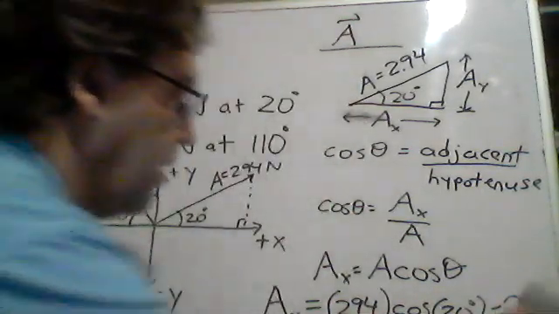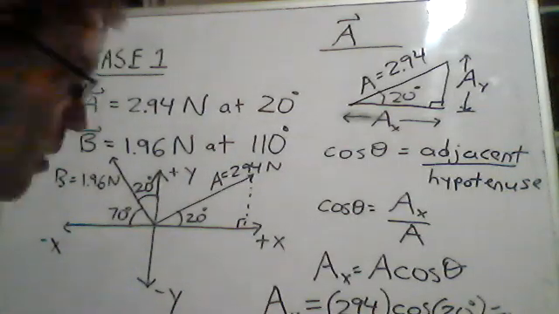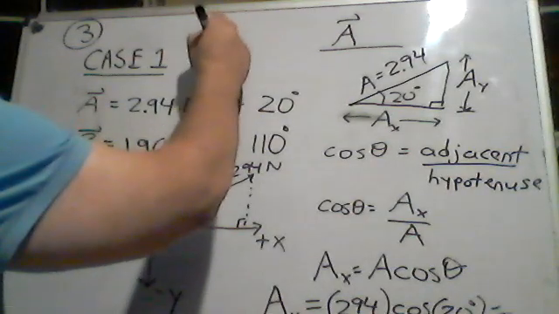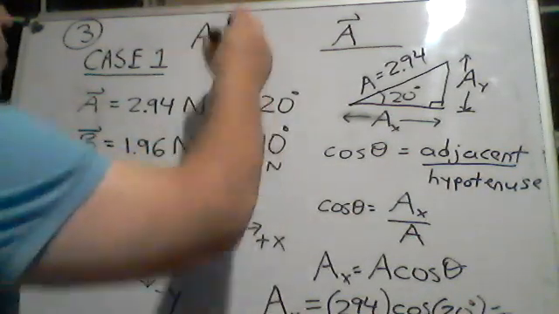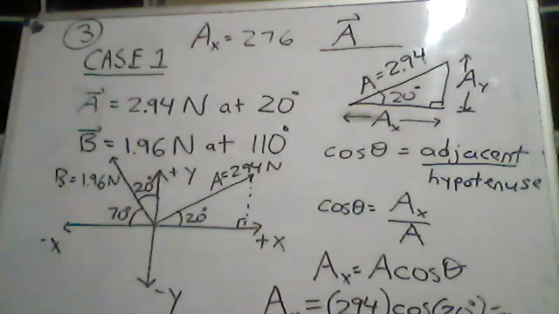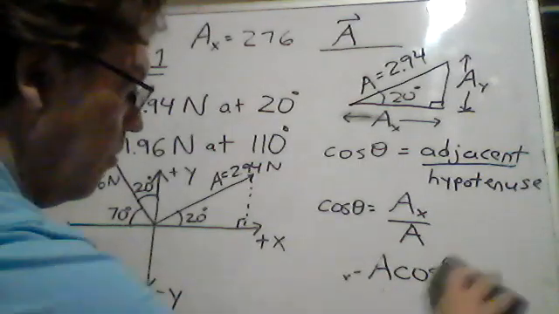Let's see if I can write this better. Okay, so a sub x, when I do this, is 2.76. Can I get that by multiplying? So let me just rewrite this down here.